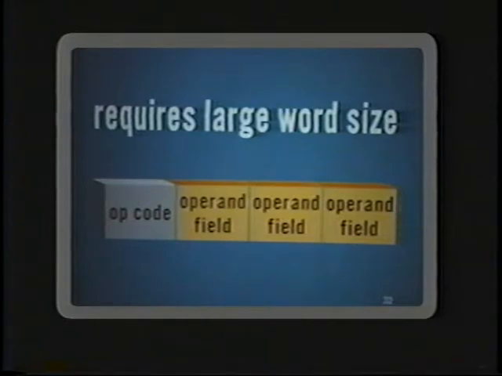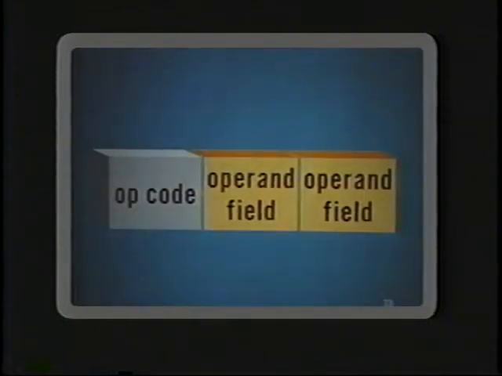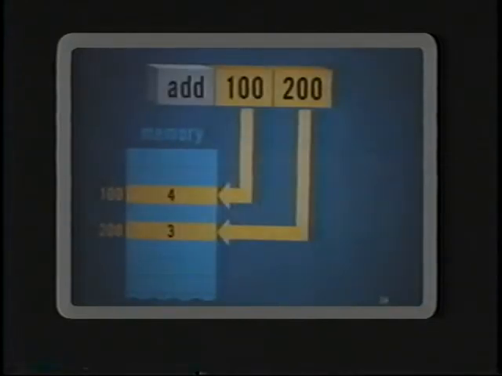Instructions containing 3 operand fields are not practical for most computers. This is because most computers are not designed with a large enough word size to accommodate many fields. Several computers, including some minicomputers, use just 2 operand fields. With these 2 fields, our add instruction can still reference 2 operands stored in memory.